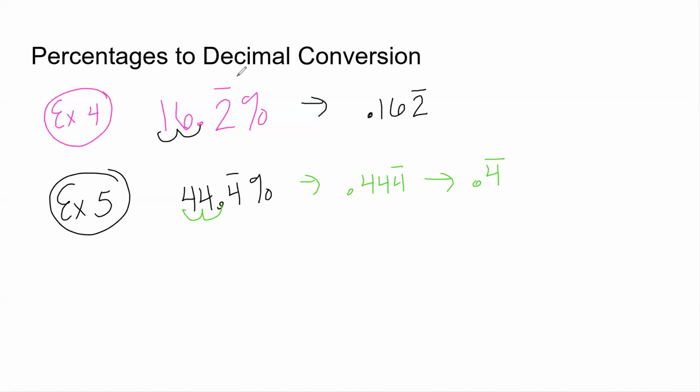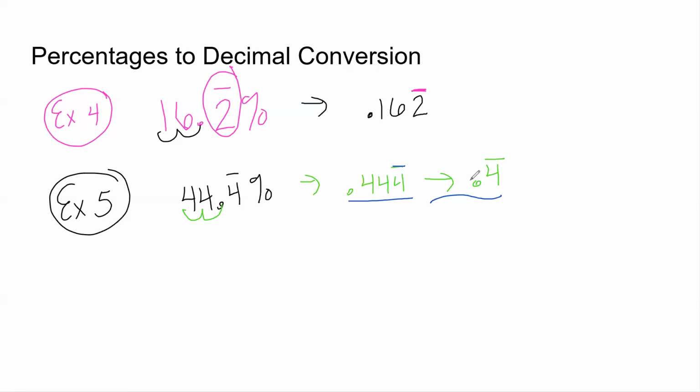On 4, only this 2 was repeating, so he's left the hat and we didn't take off anything. But in example 5, it's all just fours. So instead of writing it with the hat on the third 4, why not just make your life easier and save some handwriting? It's just all fours. So just say 0.4 with the repeating bar with the little hat there.